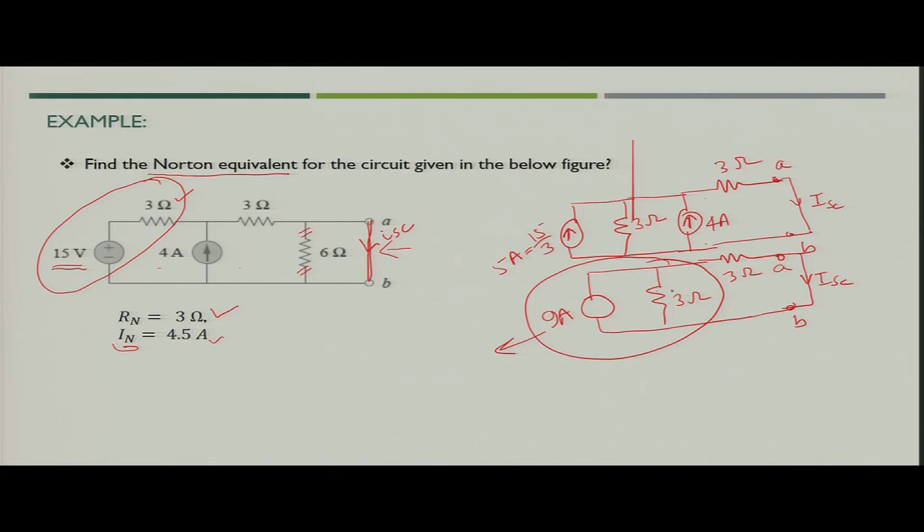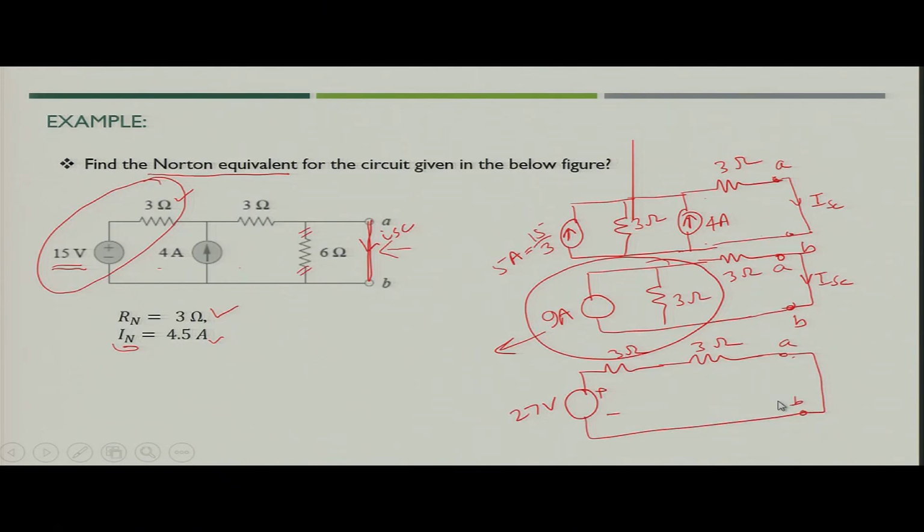So, what will happen if you transform again into voltage source? This will become 9 into 3, that is 27 volt, then in series with 3 ohm resistance, again in series with 3 ohm resistance which is given in the figure, and then you are short circuiting the terminal A B.